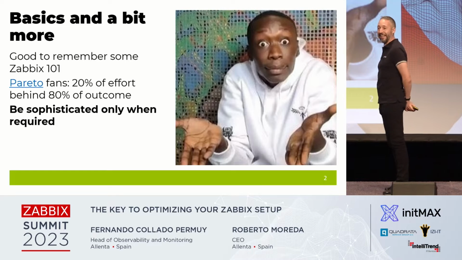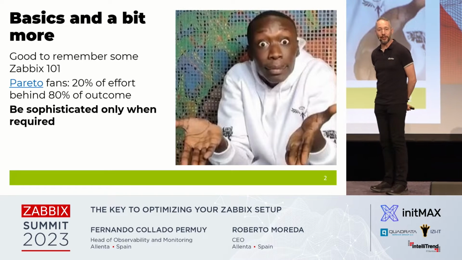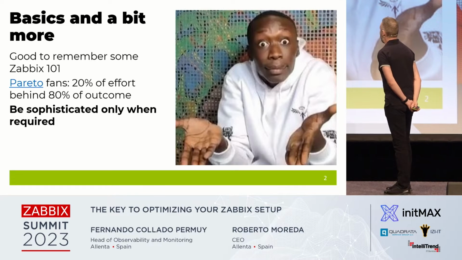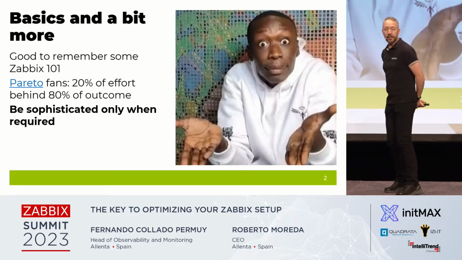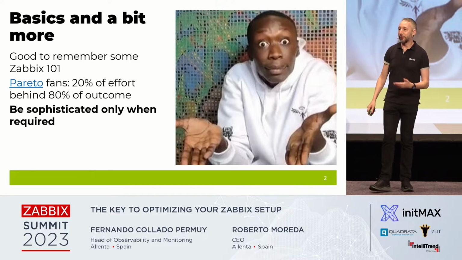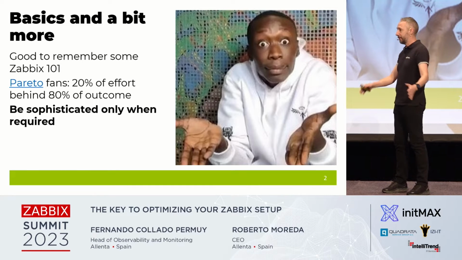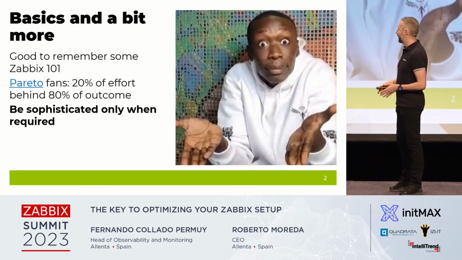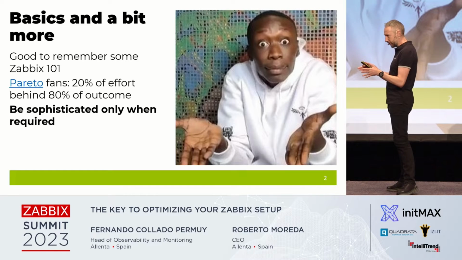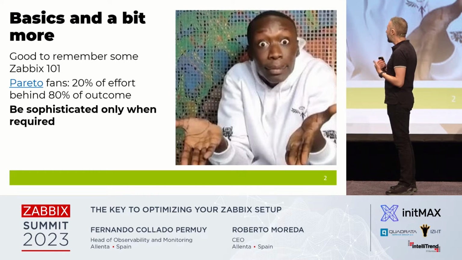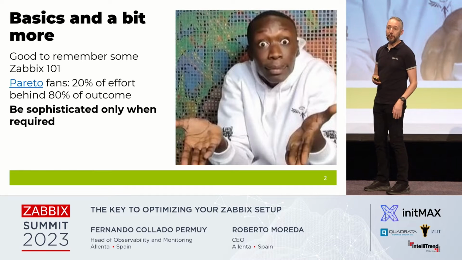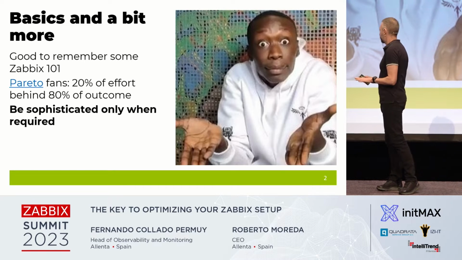Let's set the initial tone. When we discussed what type of presentation to bring here, our colleagues suggested very focused things, but sometimes it's really good to come back to the basics and remember some Zabbix 101.